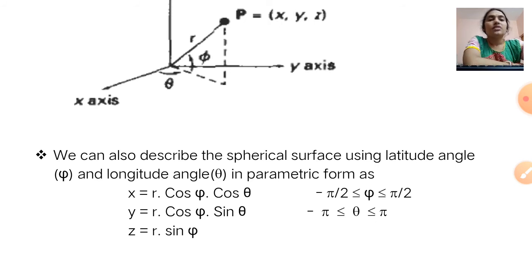Here phi is in the range of minus pi by 2 to positive pi by 2, and theta is between minus pi to pi. That means minus pi is less than or equal to theta is less than or equal to pi, and minus pi by 2 is less than or equal to phi less than or equal to pi by 2.